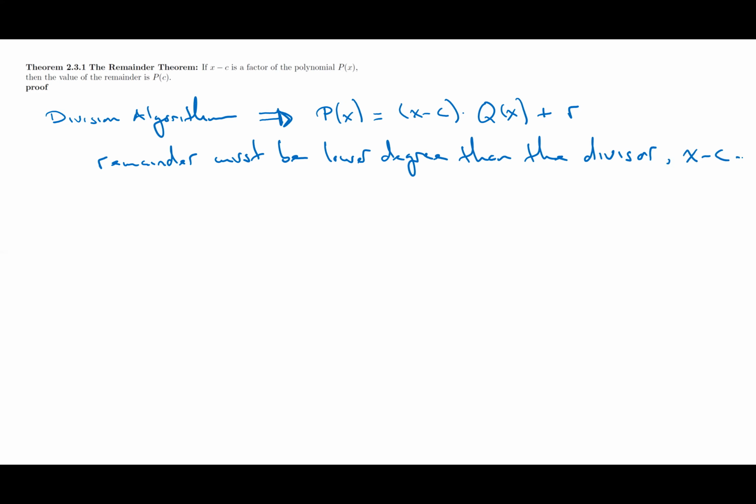Well, the divisor is linear, so that remainder must be degree 0, which means it's a constant. R is a constant. Okay, now watch this. P of C equals C minus C, Q of C plus R.